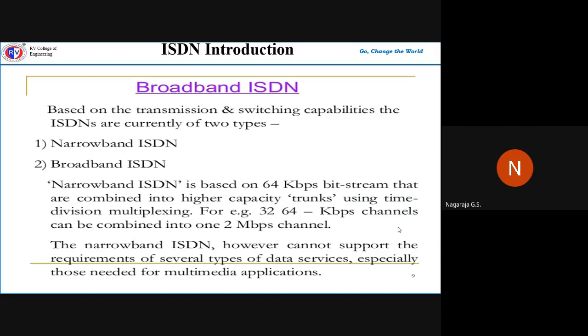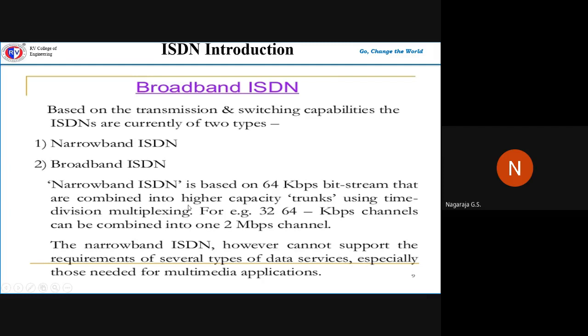Based on the transmission and switching capabilities, ISDNs are currently categorized into two types. One is narrowband ISDN, the other is broadband ISDN. As I mentioned already, narrowband ISDN is based on 64 kbps bit streams that are combined into higher capacity trunks using time division multiplexing.